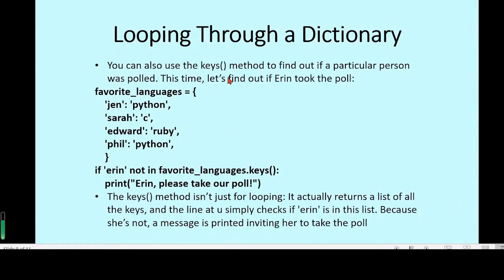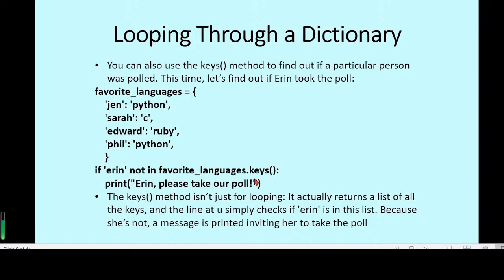And you can also use the keys method to find out if a particular person took the poll. So this time, let's find out if Erin took the poll. Same dictionary as before. Then if Erin not in favorite_languages.keys(), we use not in. So favorite_languages.keys() will return a list of these keys in the dictionary.